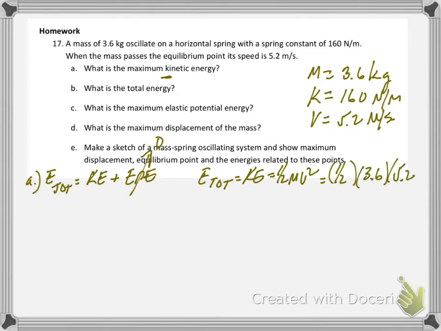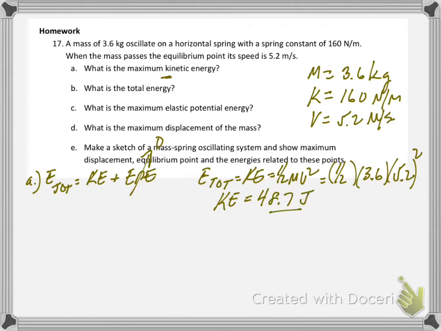Remember to square the velocity. A lot of people forget that. We have our maximum kinetic energy equal to 48.7 joules.